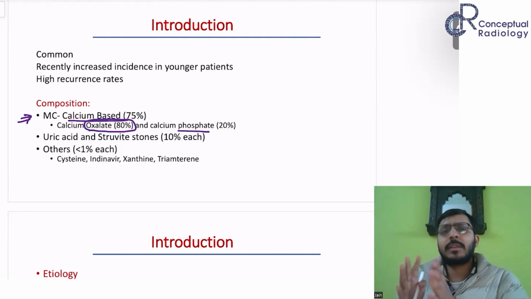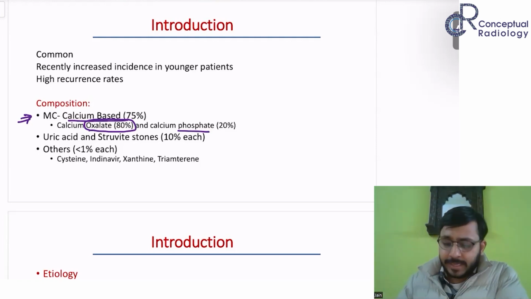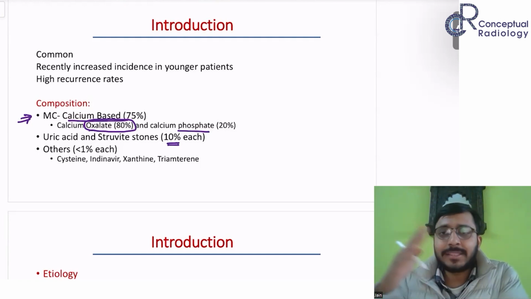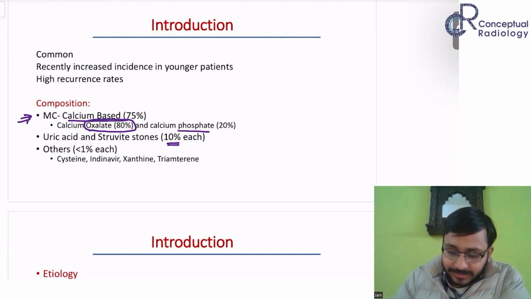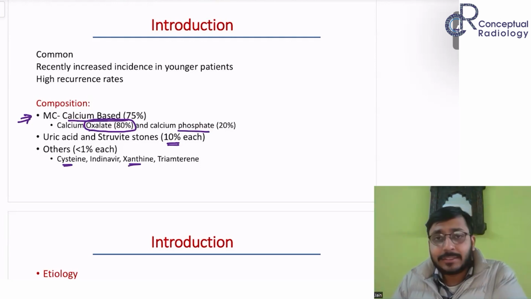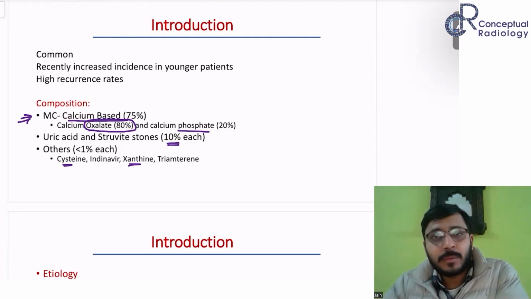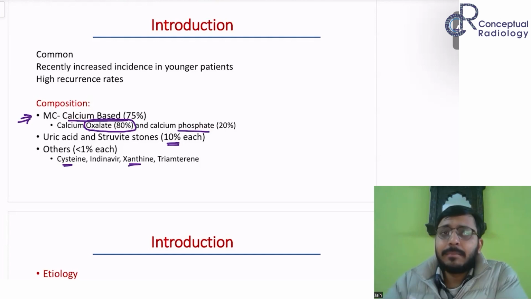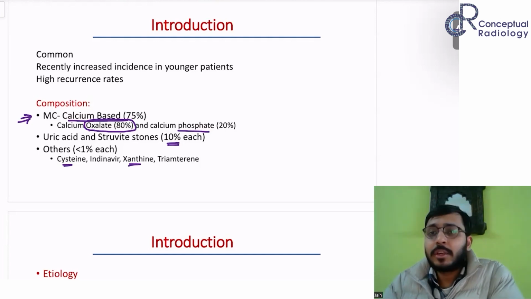The percentage varies from paper to paper, but on an average, we can consider a 10% incidence of both uric acid and struvite stones. And the other kinds of stones, like cystine stones, xanthine stones, and other medication-induced stones like triamterene and indinavir stones, constitute less than 1% of the stones.